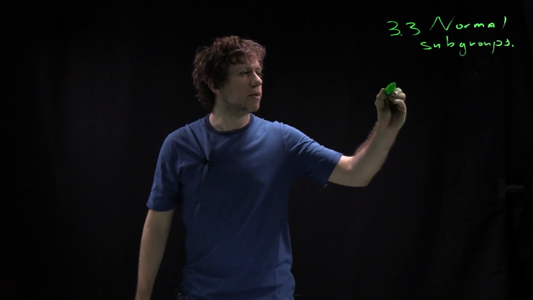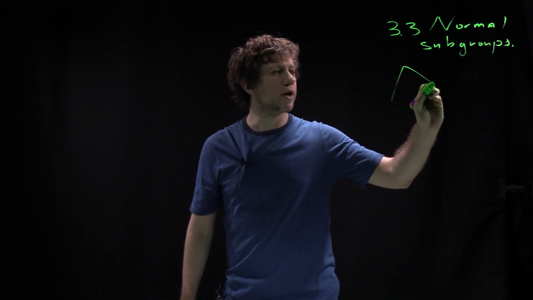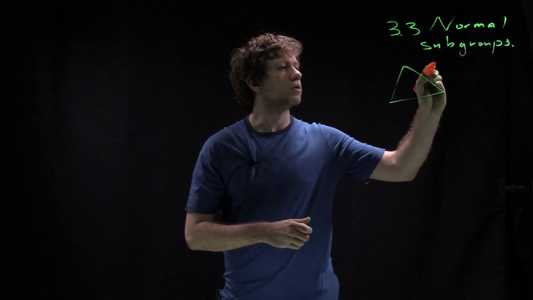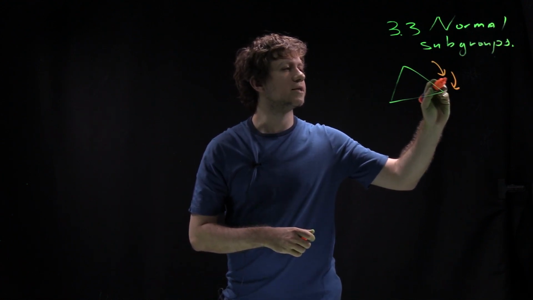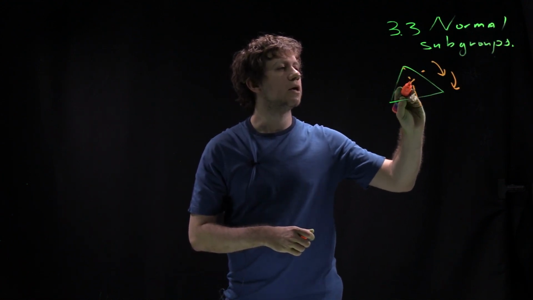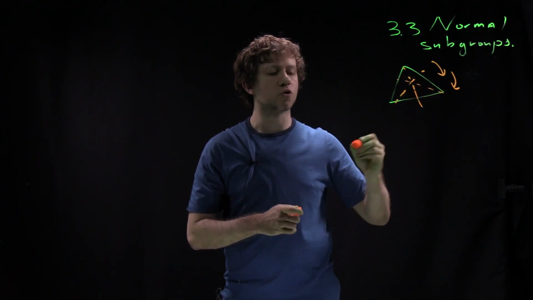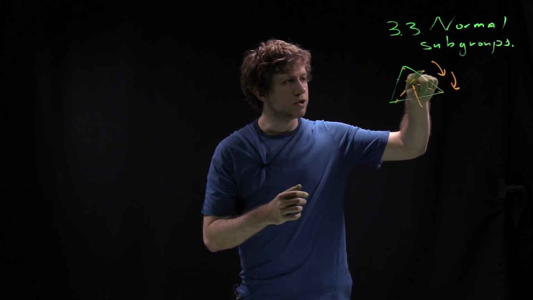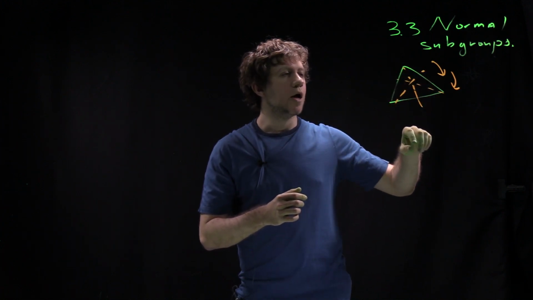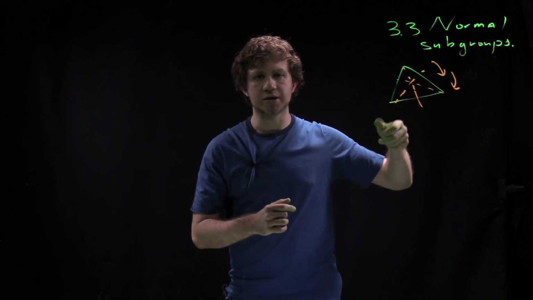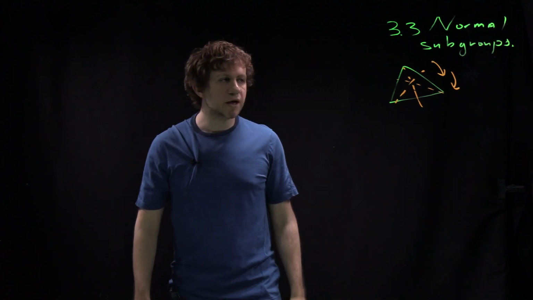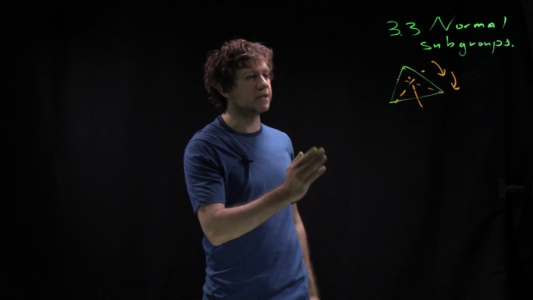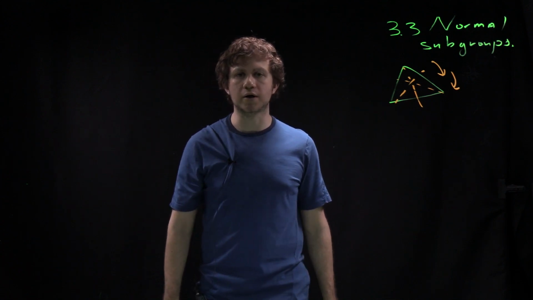For instance, remember this typical example of a triangle, where we had 2 rotations, the identity, and 3 symmetries. For subgroups, we have 3 subgroups of order 2 generated by these symmetries, and we have a subgroup of rotations. Imagine you want to describe a subgroup without talking about specific vertices of a triangle.